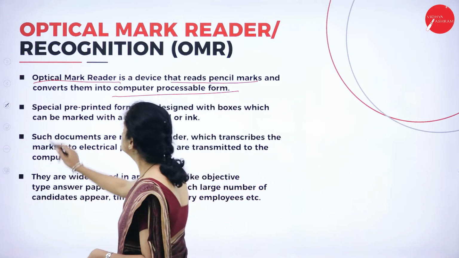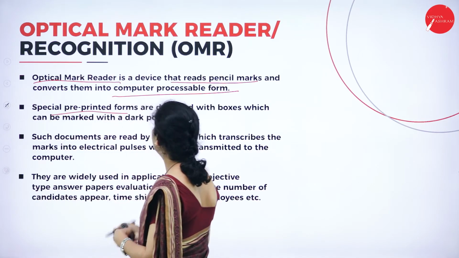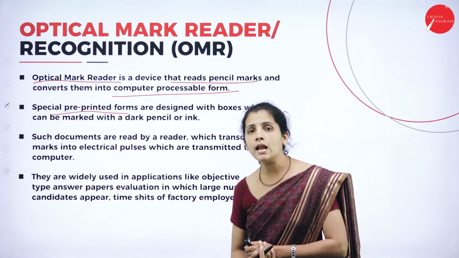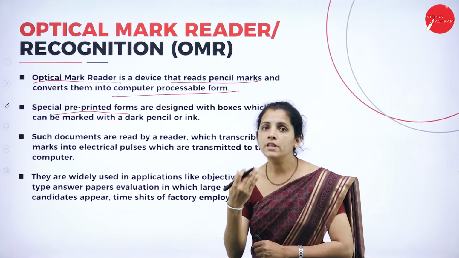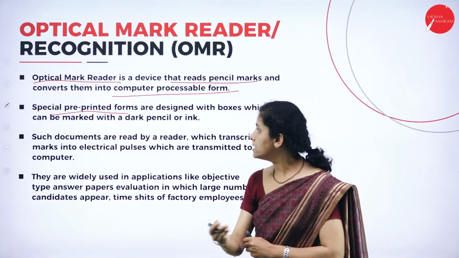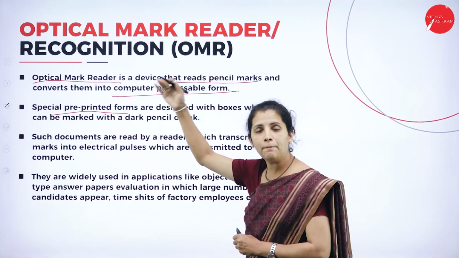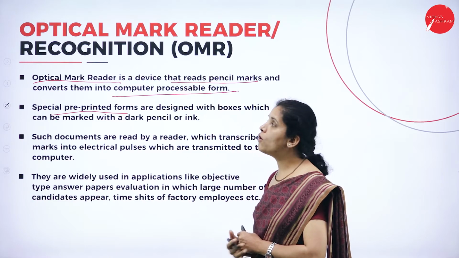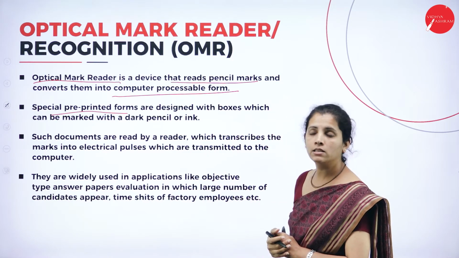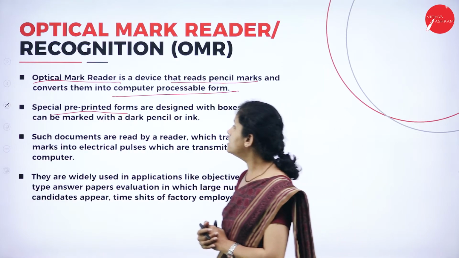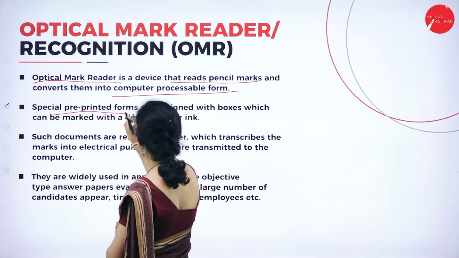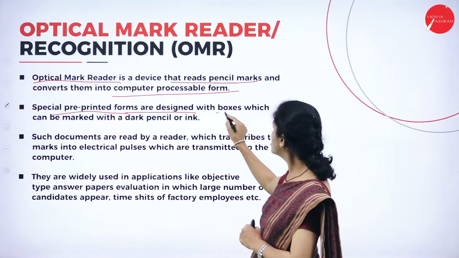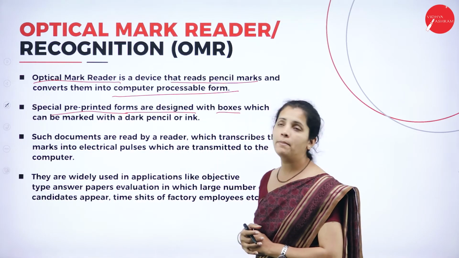Here special pre-printed forms are designed. Where I'm going to have the marks, we have some pre-printed forms which are especially designed for the optical mark reader. These special pre-printed forms are designed with boxes which can be marked.